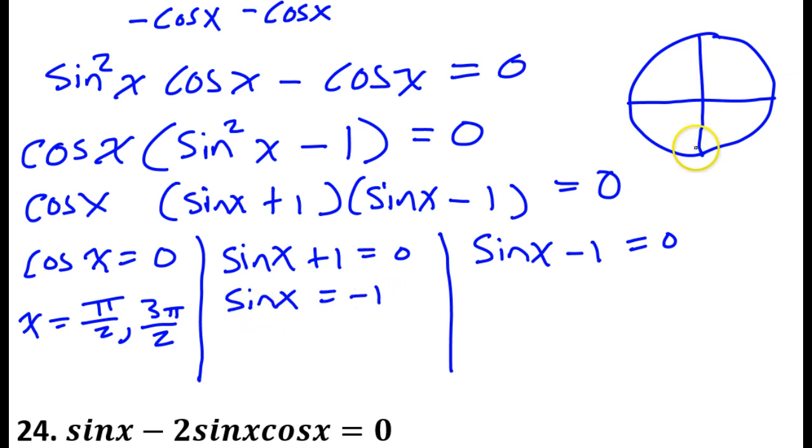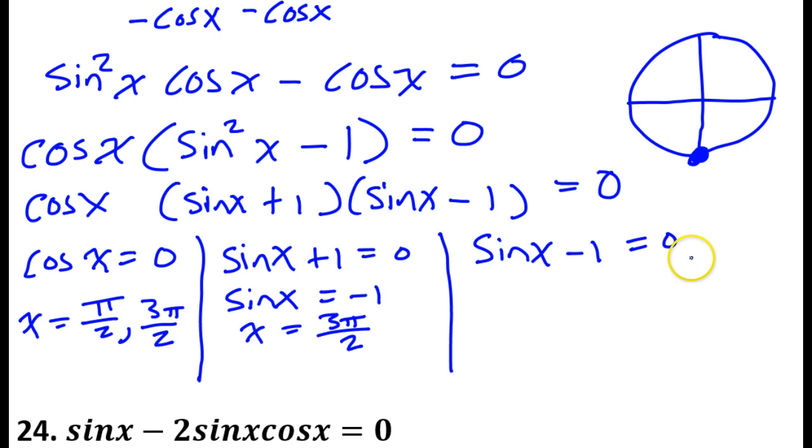The answer is down here. Up here, the y value is positive 1. Down here, the y value is negative 1. Well, that is 3 pi over 2 again, which I already had. So there's not really a point in writing it again, but I'm just showing my work. In my final answer, I will only write it once. So no new solutions from that.